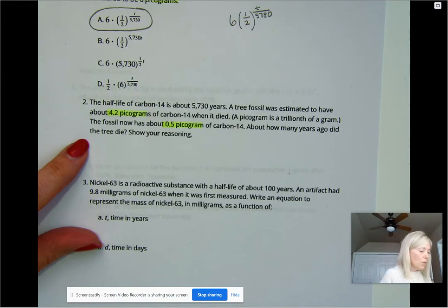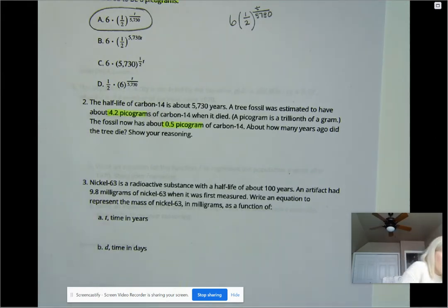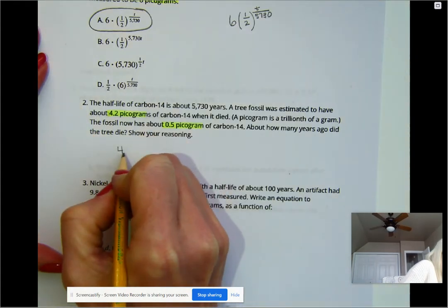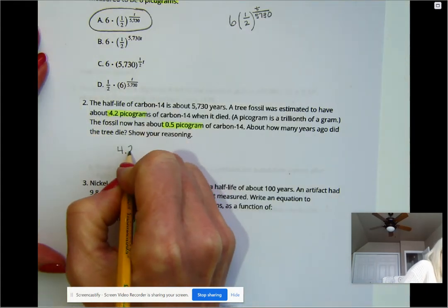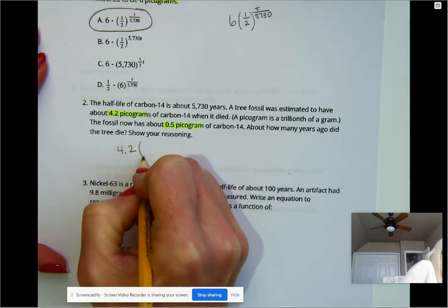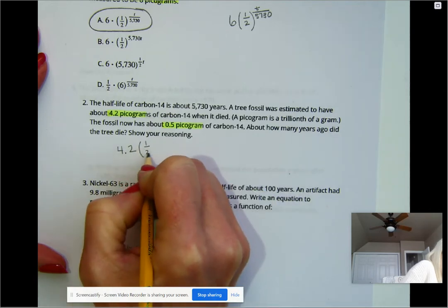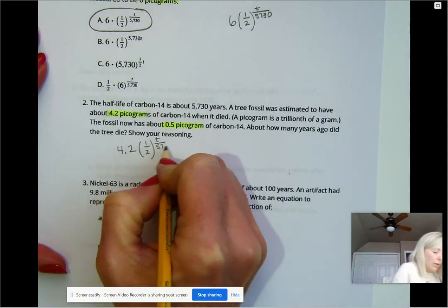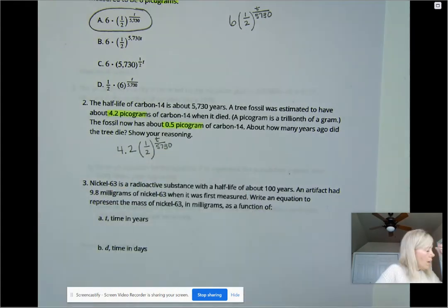Okay, so again, I'm going to set this up: 4.2, and then I'm going to multiply by 1/2 to the t over 5,730.